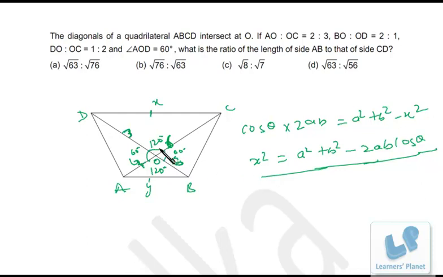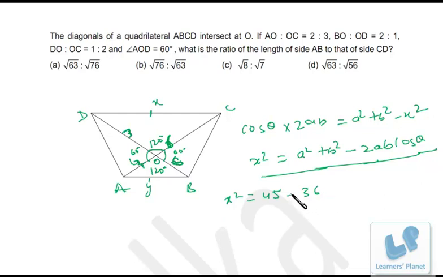Now here theta is 120 degrees. So we have to find out the length of this side. So x square is equal to a square, that is 9, plus 36. 9 plus 36 is 45, minus 2ab, 2 into 3, 6, into 6, 36, and cos theta. Cos 120 degrees is cos of 90 plus 30, that is minus sin 30. Sin 30 is half, and it is actually minus half.